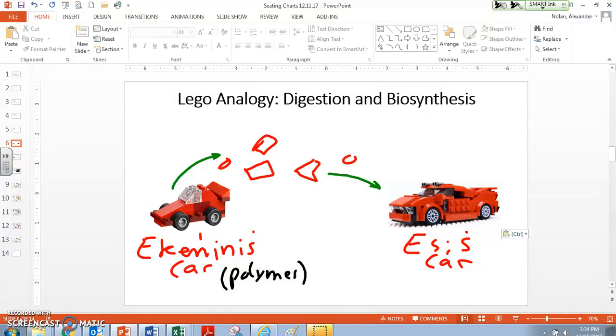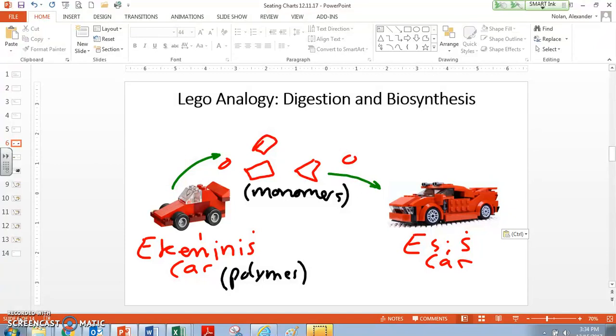It's kind of like a food molecule, such as starch or fat or a protein. And actually, Essie's car kind of is too, but we'll get there in a second. These little pieces that Essie is breaking off of his car are more like monomers. So we've broken our polymers down into monomers.